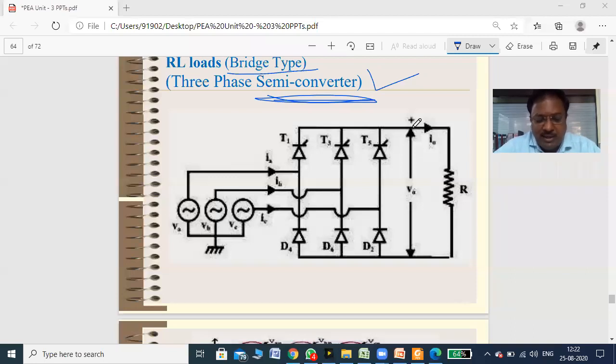So in this particular configuration, 3 SCRs and 3 diodes we are using. Normally such type of circuits are used for high power ratings, that is above 120 kilowatt. This converter basically has inherent freewheeling diodes that are connected directly in the circuit.